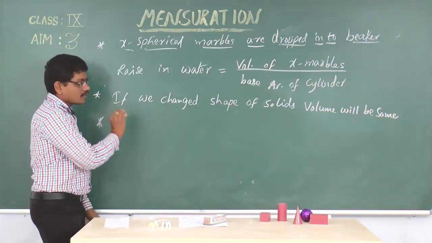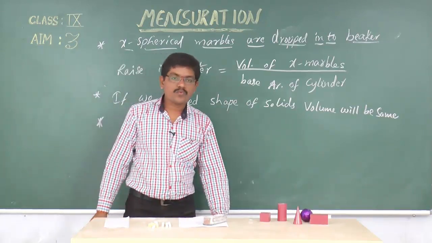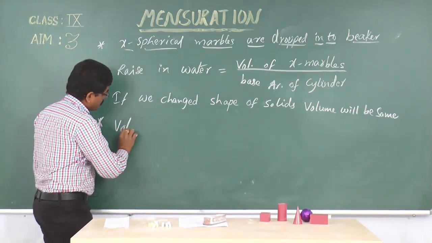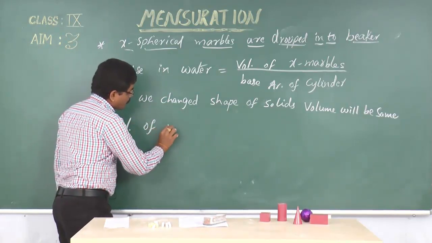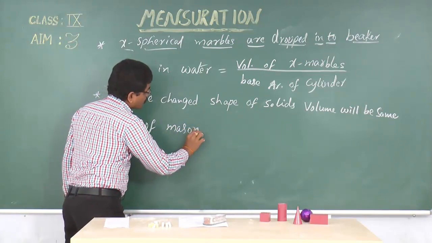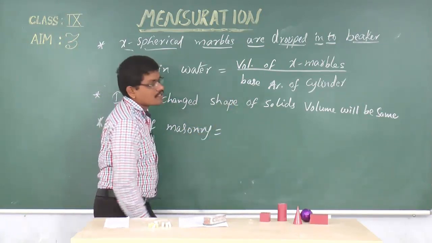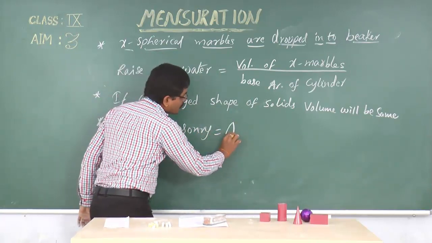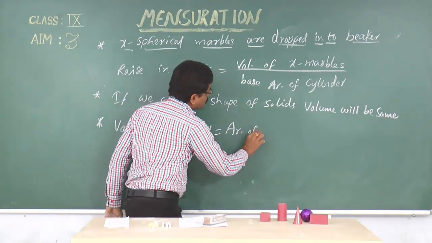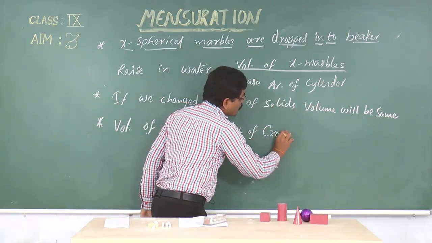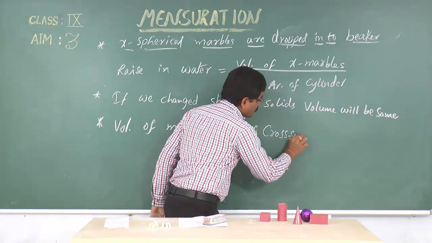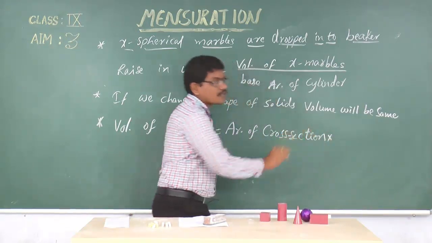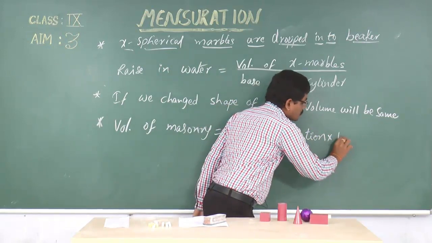And the last point is volume of masonry. Volume of masonry is equal to area of cross section into its length.